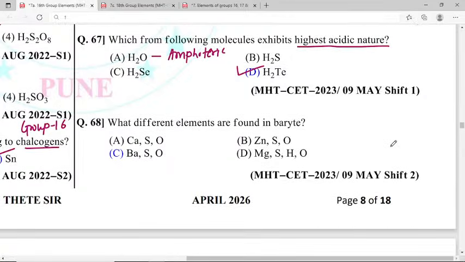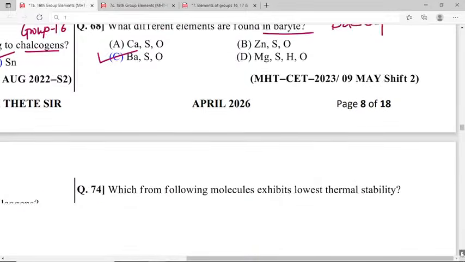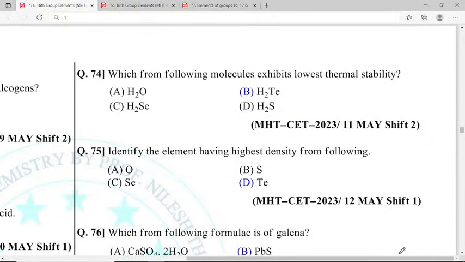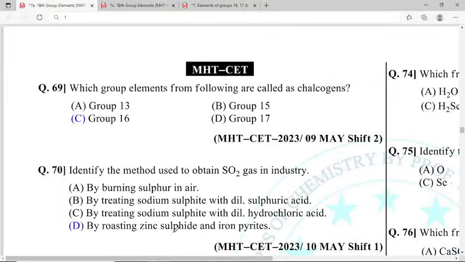Next question, same question in 2023. Barite is also there. Barite is BaSO4. The same question appeared in 2021, 22, 23 also. Which group element from the following?